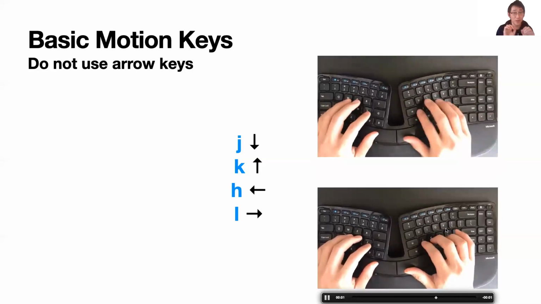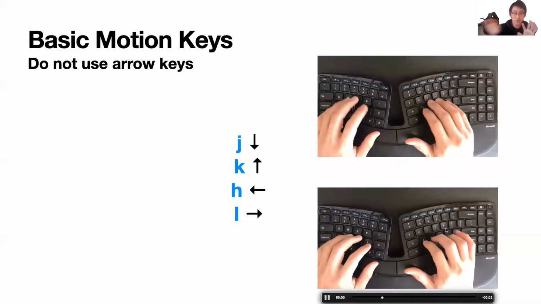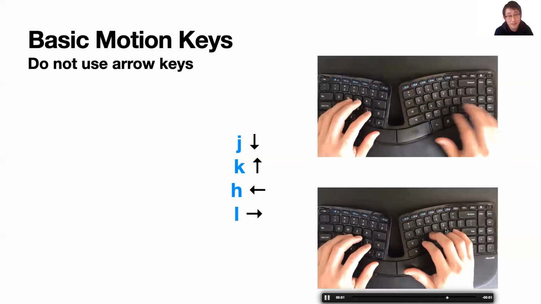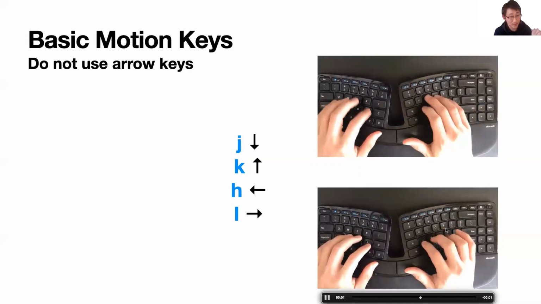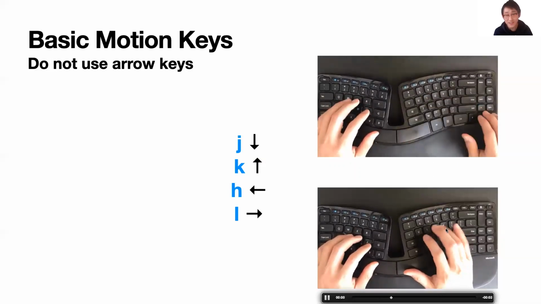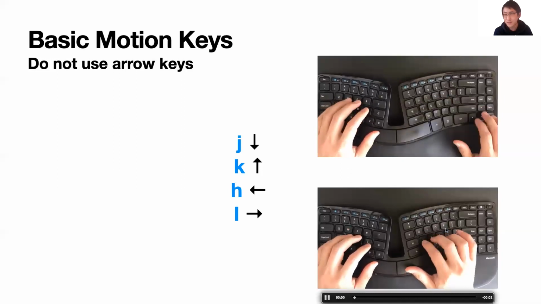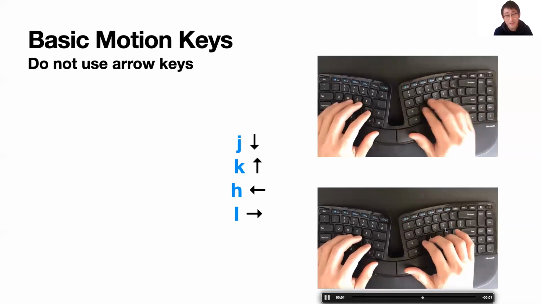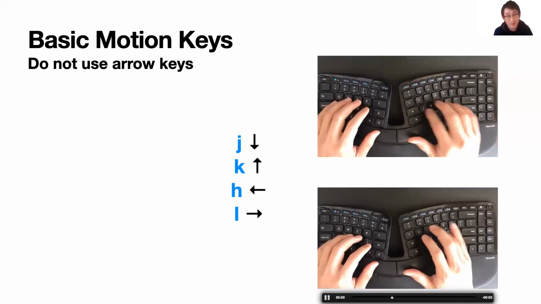That's going to make you much, much faster. You might think, oh, I can just move my hands like this, it's only that much, but this actually makes a difference. So please do try this, at least for today. It will be painful, but it will help you save time later. Trust me, it will save time.